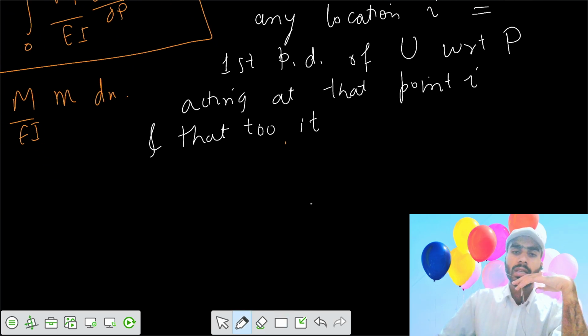It should act in the direction of the desired deflection.